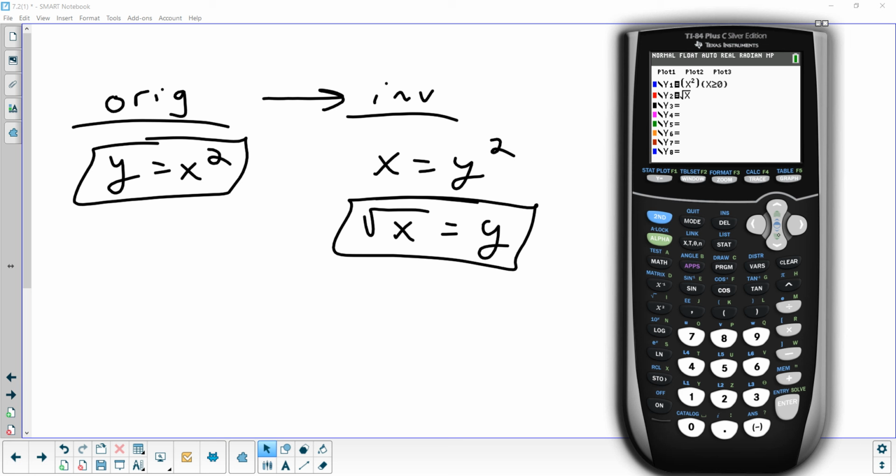And let me put in the line y equals x. So these should be mirror images of each other over the line y equals x. Let's do zoom 5. We don't do zoom 5 a lot, but I want to show you something. Zoom 5 makes the window proportional, so nothing is distorted. And let me zoom out even a little bit more. I don't know if this will be better or worse.